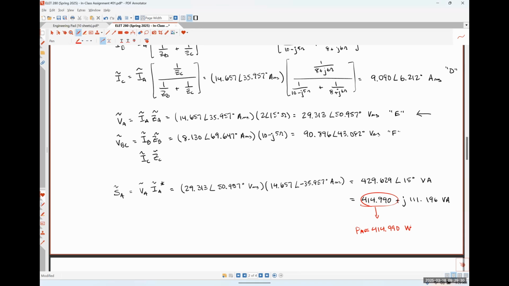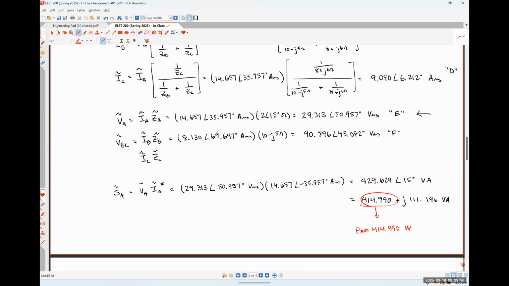So if you clear this out, you go into your complex menu, you say second complex, and then you scroll down. Option 6 is how the calculator does the conjugate for you. Thank you. Yep. Which is how I just did it, by the way.